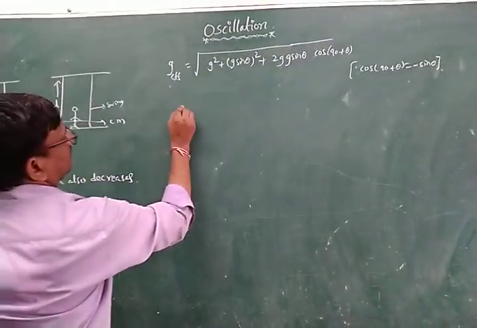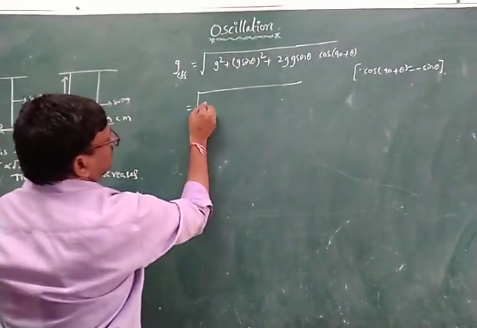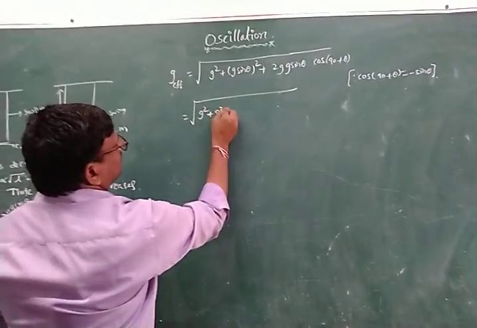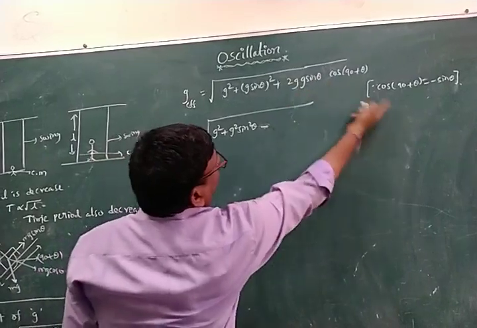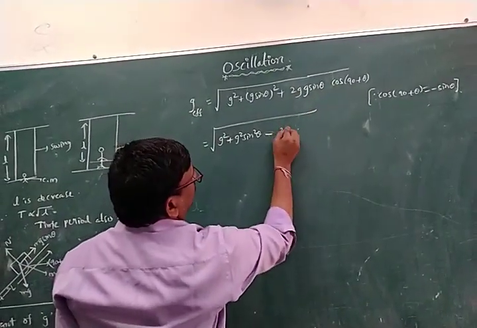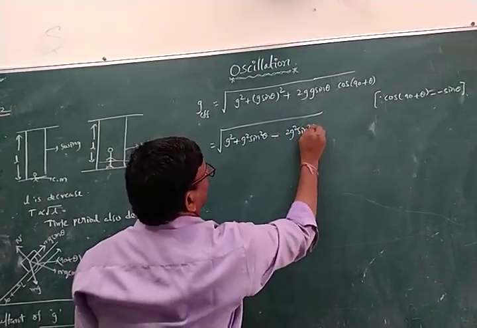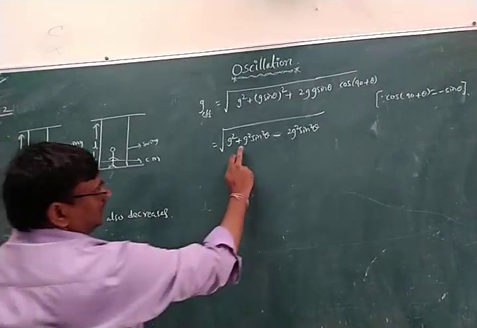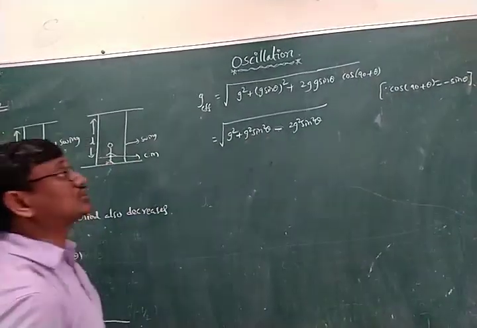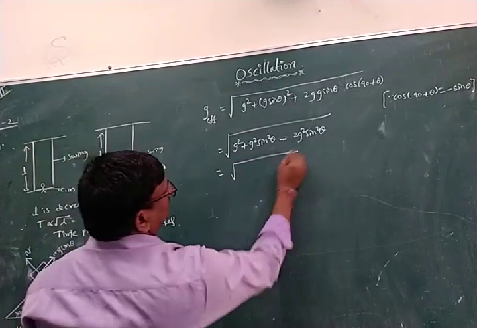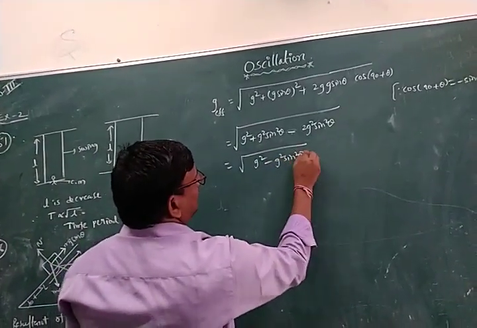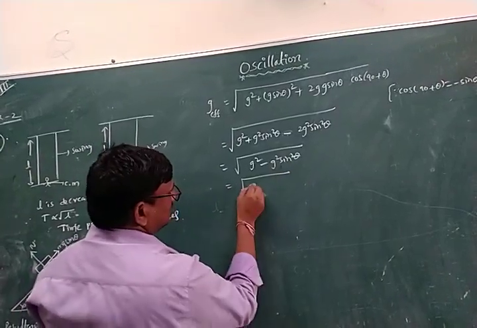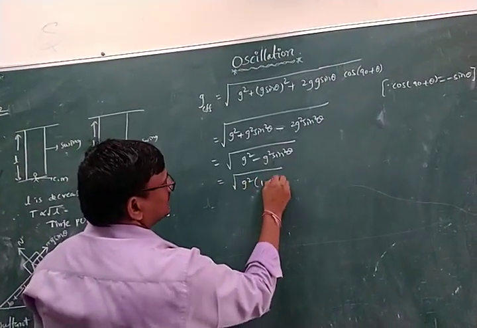We can write g effective as the square root of g square plus g square sin square theta minus 2 g square sin square theta. That is equal to g square minus g square sin square theta. Taking g square common, we get 1 minus sin square theta.